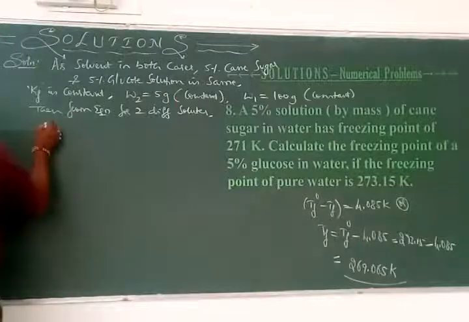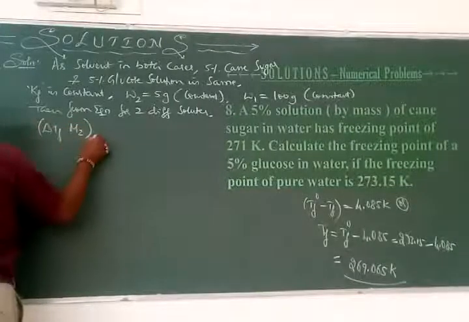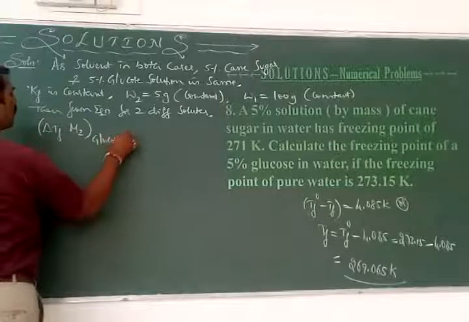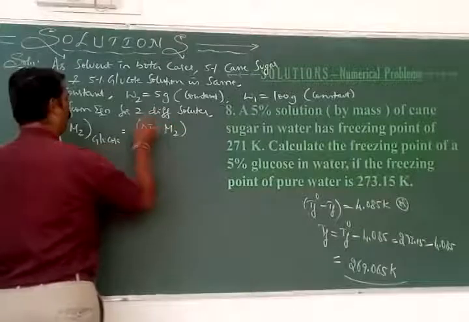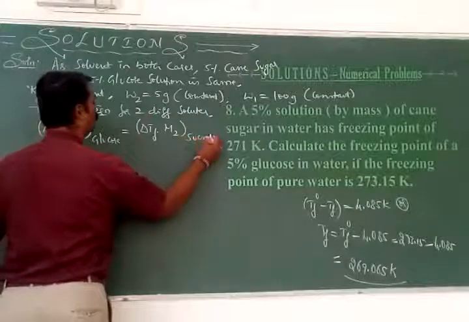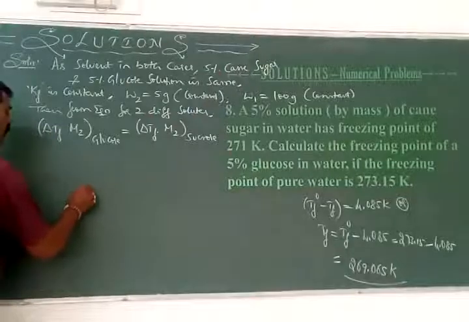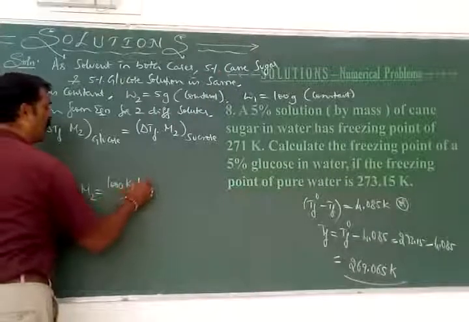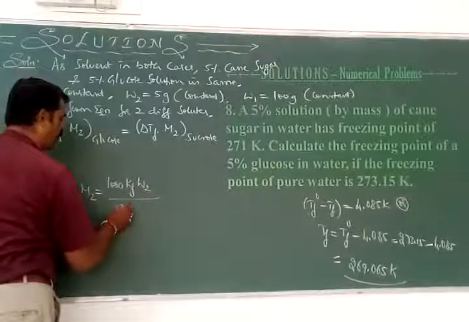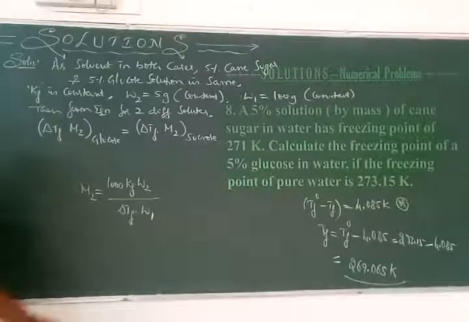I will mention that as delta Tf into M2 of glucose is equal to delta Tf into M2 of sucrose. How do I get this? We know that M2 is equal to 1000 Kf W2 divided by delta Tf into W1.